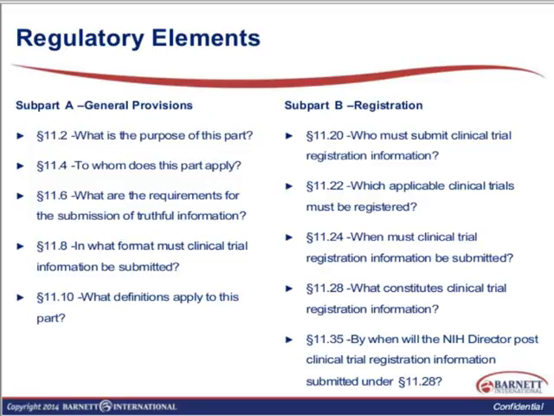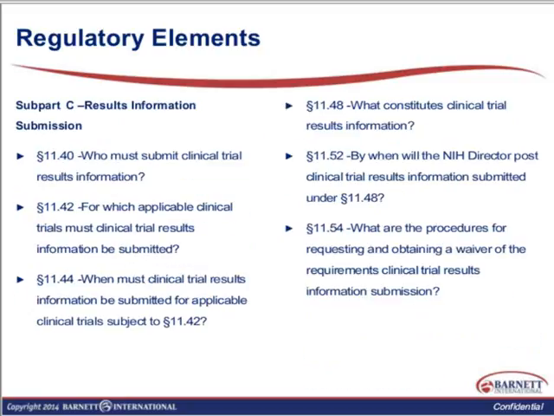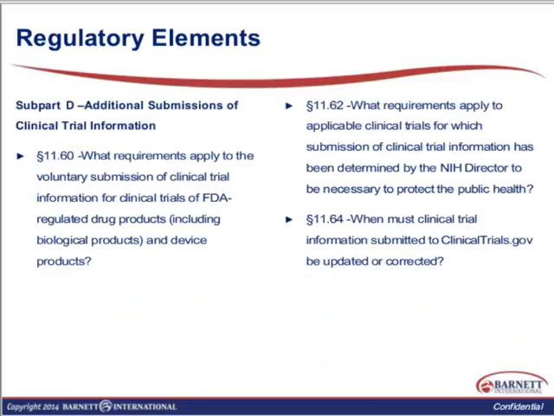So the regulatory requirements, 42 CFR 11, are broken down into these general areas or subparts of consideration. So general provisions, the registration piece, results information submission, and then we have information about additional submissions. NIH says you can register whatever you want.